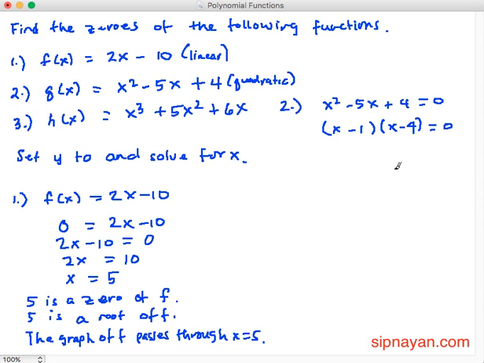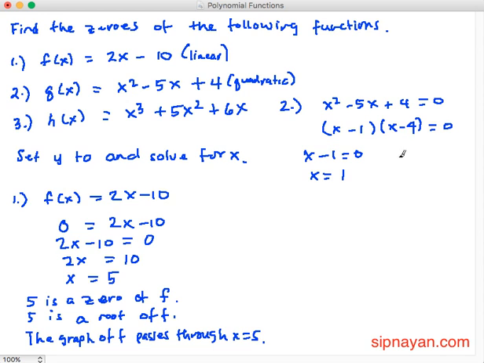Factors equal 0. So this becomes 0 if one of them or both of them is 0. If x minus 1 equals 0, then x equals 1. You can test it: 1 minus 1 is 0, and whatever number it's multiplied by, it equals 0.